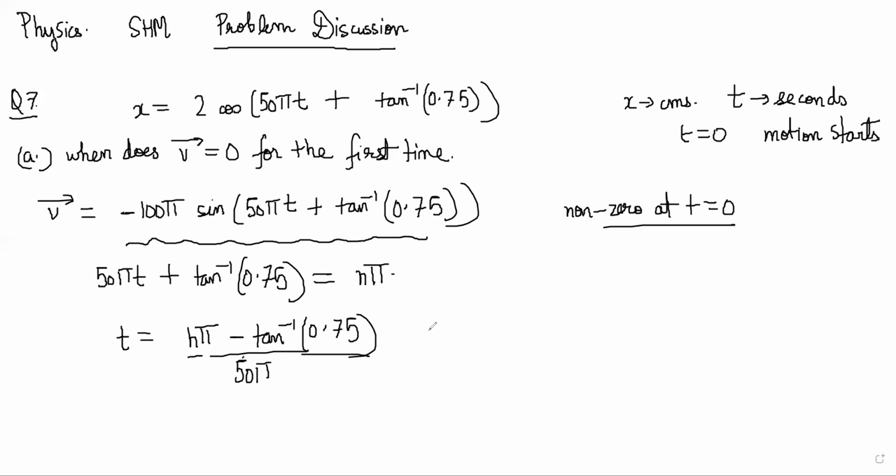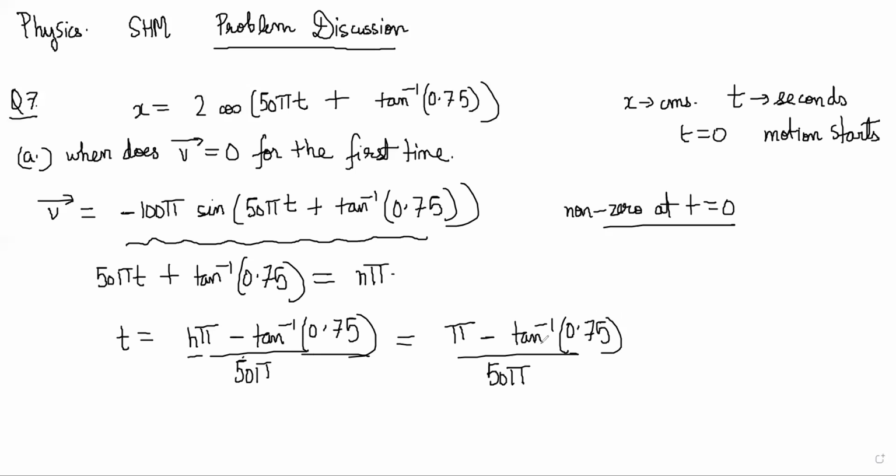Now, first time means n should be as small as possible, so let's say it's 1. So (pi minus tan inverse 0.75) divided by 50 pi.